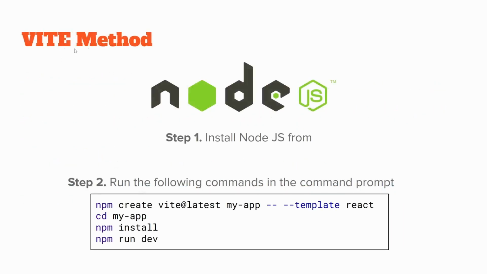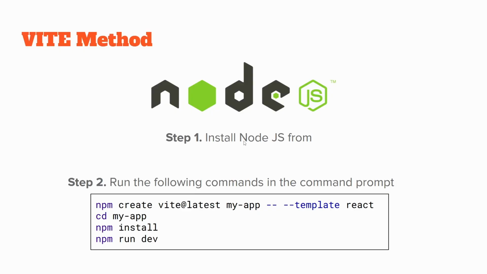In this method, you actually install React on your computer. This is the most used method to use React. So first of all, obviously, Vite and React are JavaScript libraries, so to run them you will need a JavaScript runtime environment.